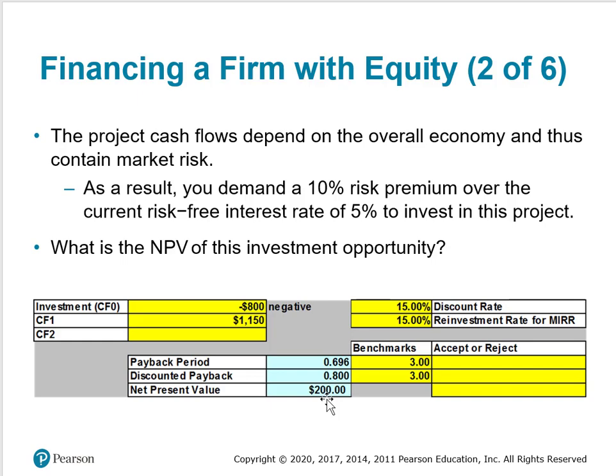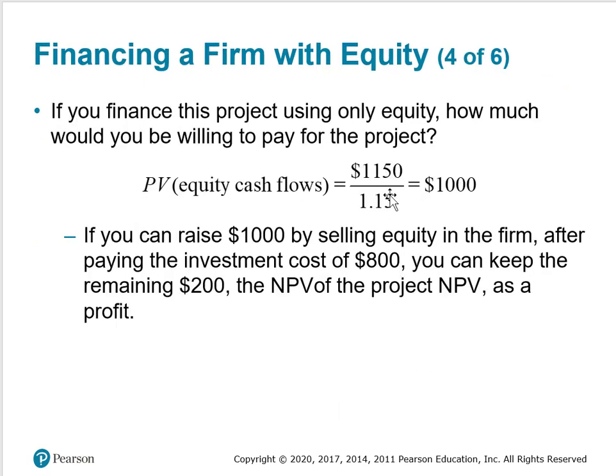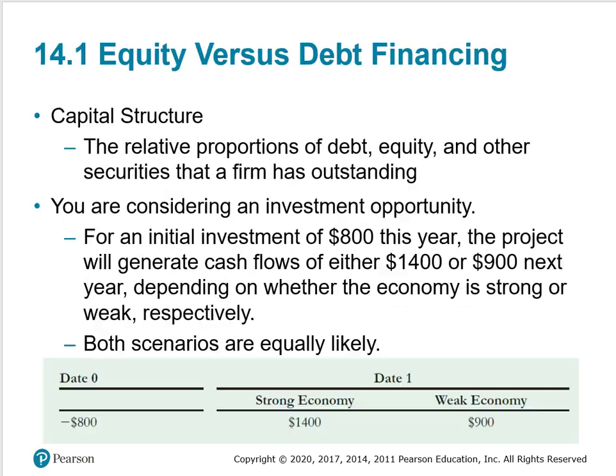So again, that gives us the opportunity, obviously, to increase the wealth of the company. So how do we get this 1150? Let me go over that before I go forward. Essentially, the 1150 is 50% of 1400 plus 50% of 900.